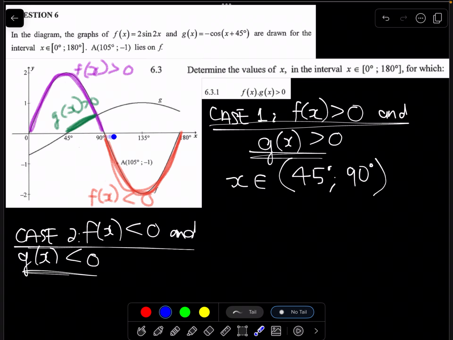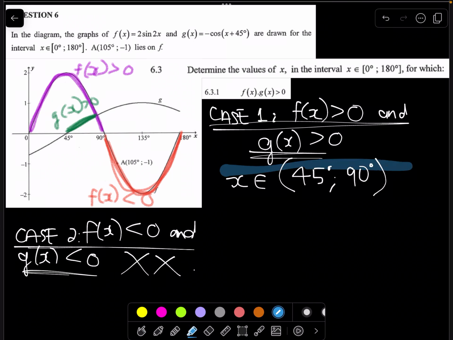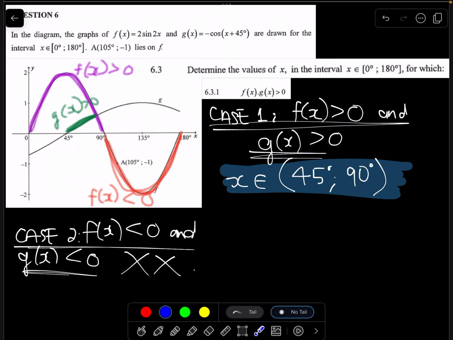And if we look, for all these x values, our g of x is just producing positive values. So this case doesn't work. As a result, within the 0 to 180 interval, these are the only x values that will satisfy this inequality.